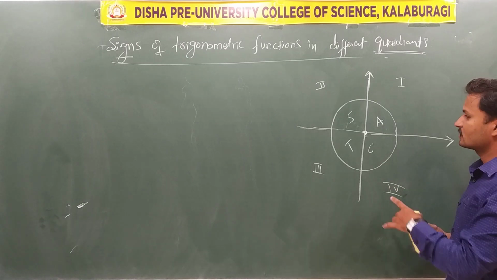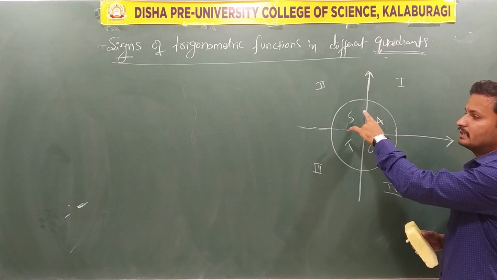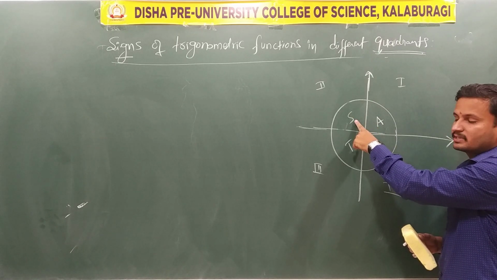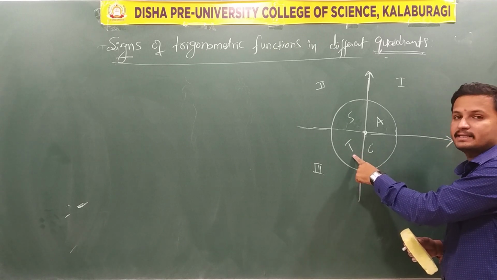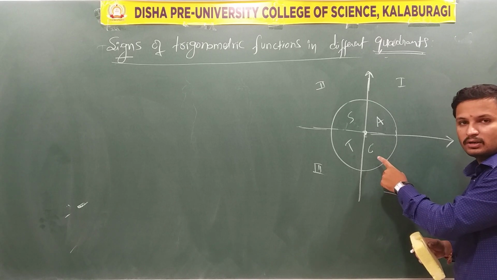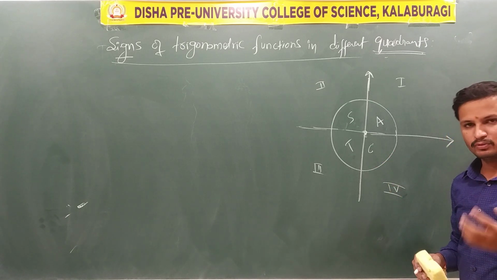In first quadrant, all trigonometric functions are positive. In second quadrant, sine function and its reciprocal, that is cosec function, are positive. In third quadrant, tan function and cotangent function are positive. In fourth quadrant, cos function and secant function are positive.